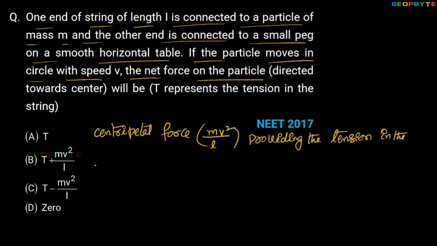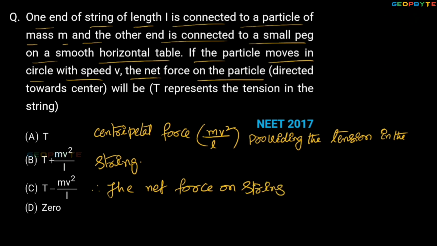The wire means string. Therefore, the net force acting on the string is equal to the tension developed only. Therefore, the net force on the string must be equal to the tension developed in the string.